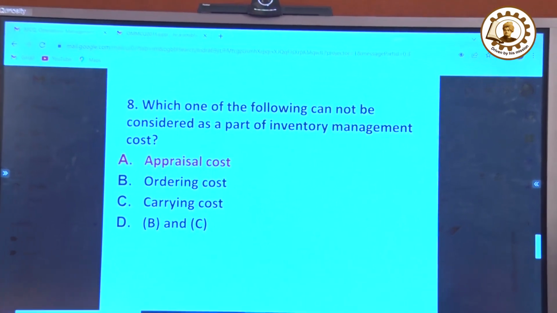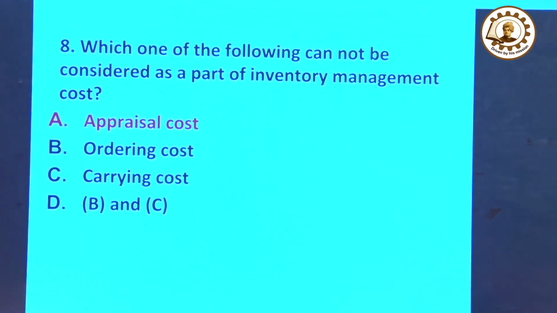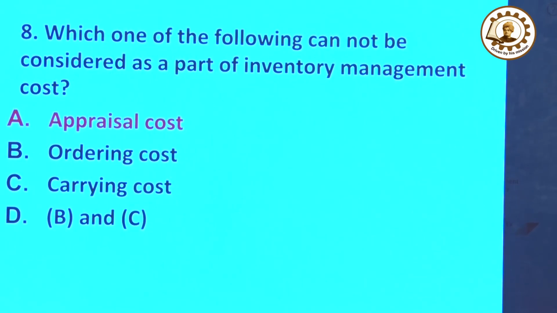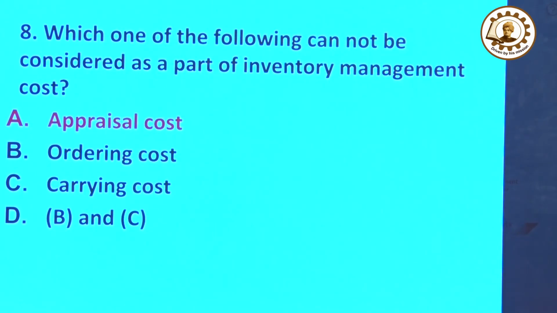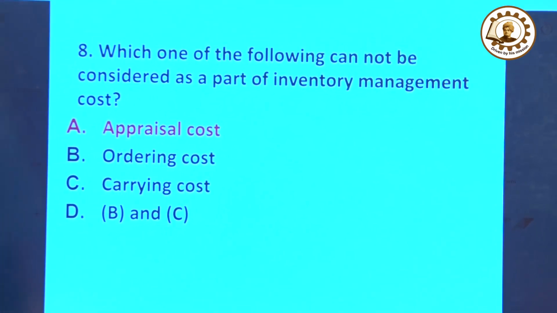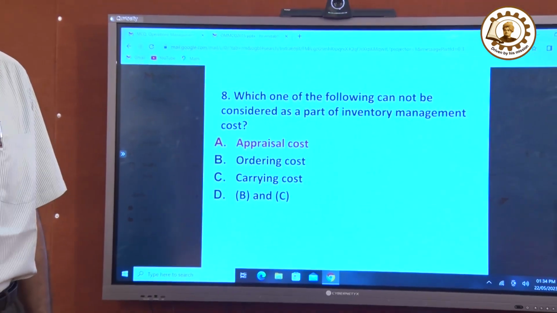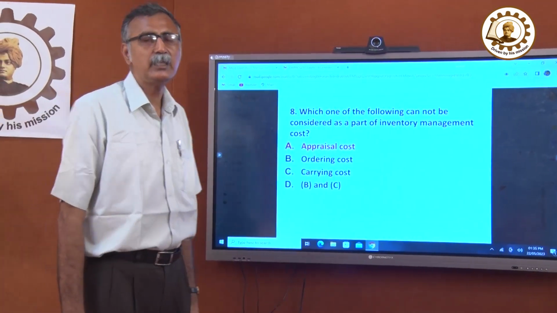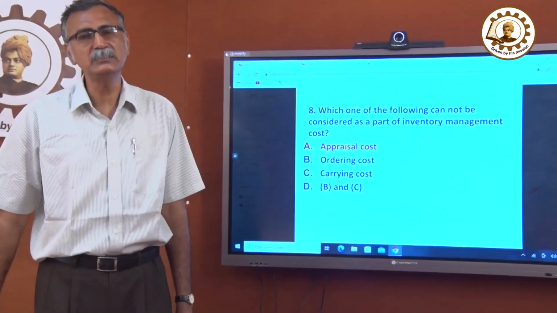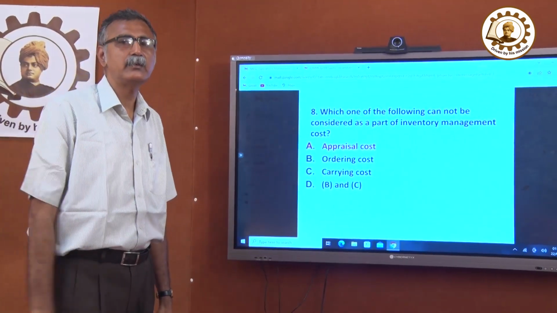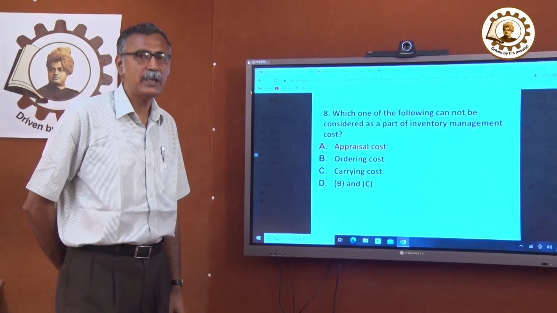Question number 8. Which one of the following cannot be considered as a part of the inventory management cost? From the negative sense, we have to think of appraisal cost. I have told you earlier, this cost is related to quality. To maintain the quality, you have to test and check throughout the process, and at the end of the entire operations.